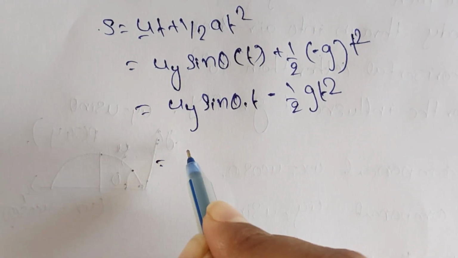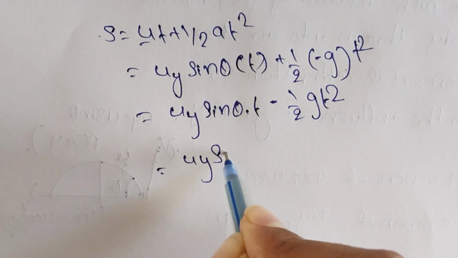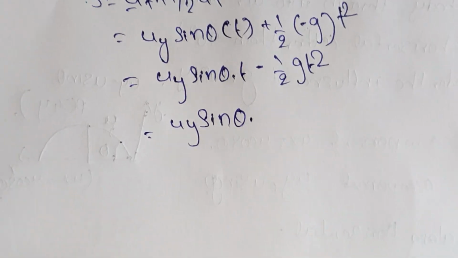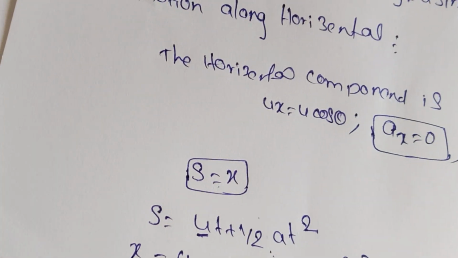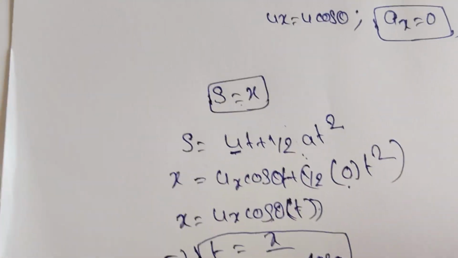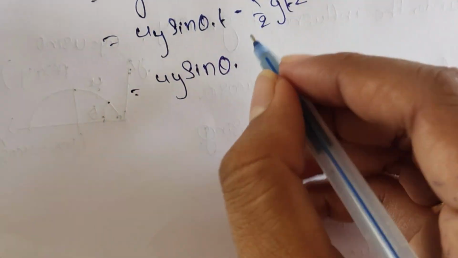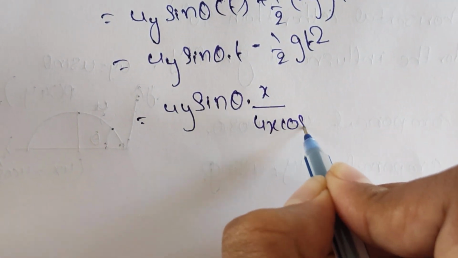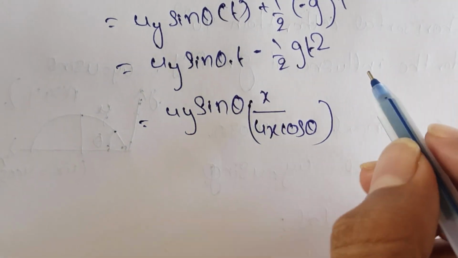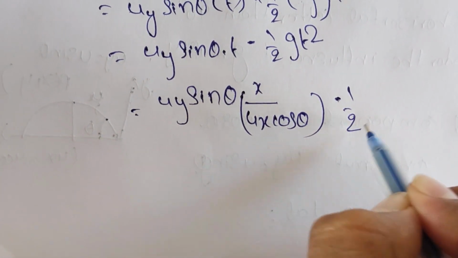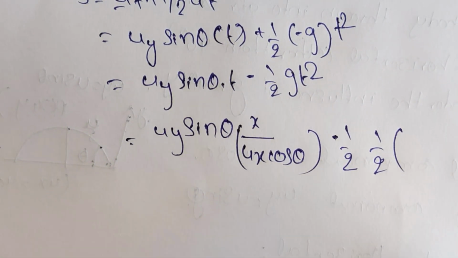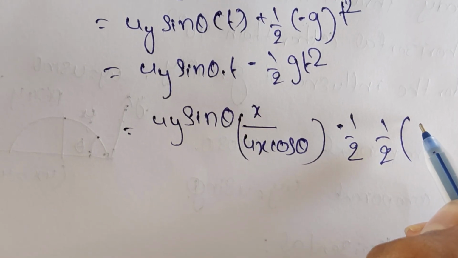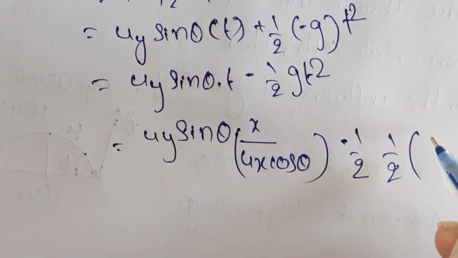Now uy sin theta, and we are already finding the value of t. What is the value of t here? x by ux cos theta. So x by ux cos theta, and also minus 1 by 2 into the value of t, the same.